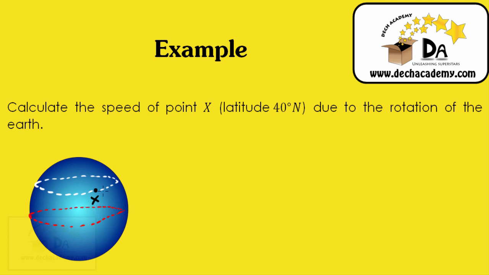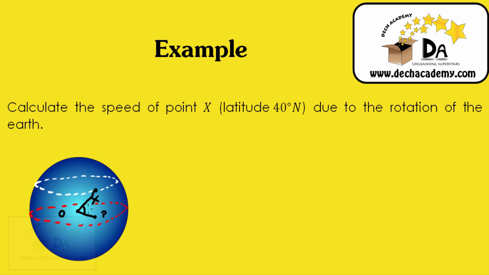So point X, I can just arbitrarily assign a location for. If this point here is the center of the Earth, point O, and a point directly below point X that lies on the plane of the equator is point P, then a line from point O to point X and a line from point O to point P have an angle between them.